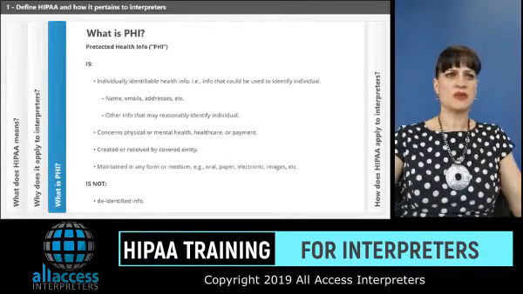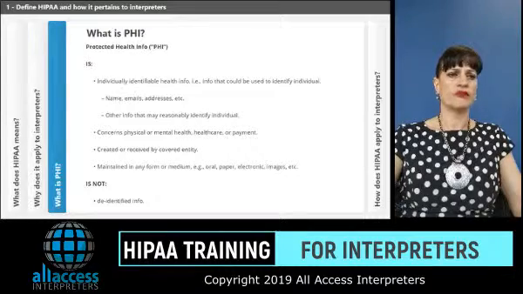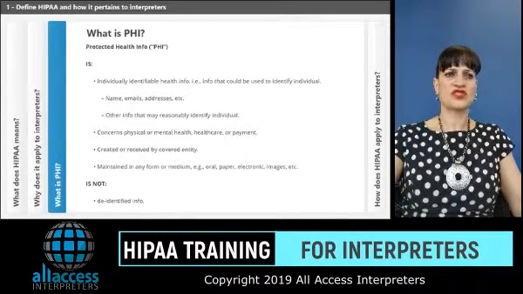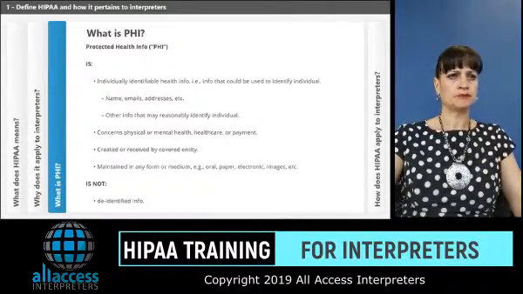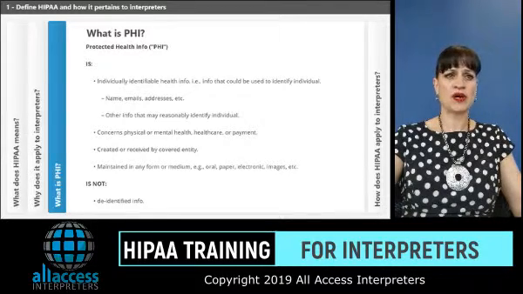So someone's name, email address, or physical address, other information that could reasonably identify someone, concerns about their physical or mental health, their health care, or payment related to health care. It would have been created or received by a covered entity, and it can be maintained in any form, either oral or paper, electronic, images, etc.